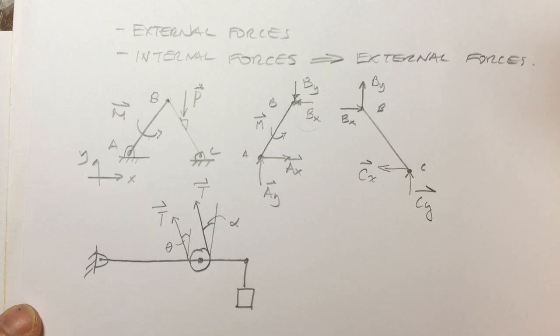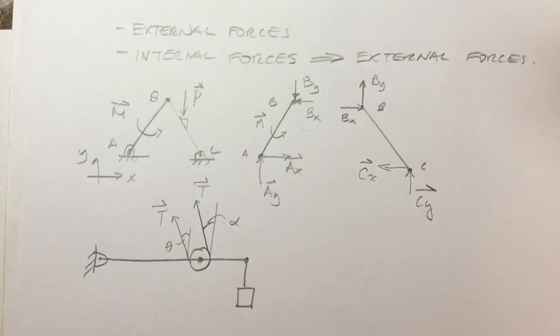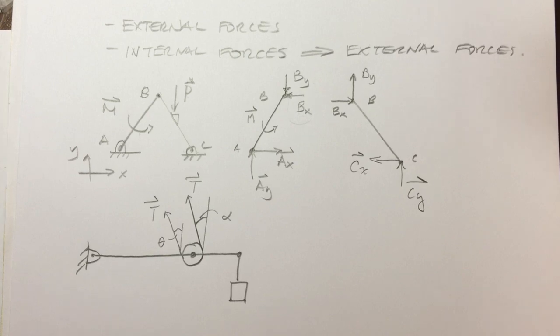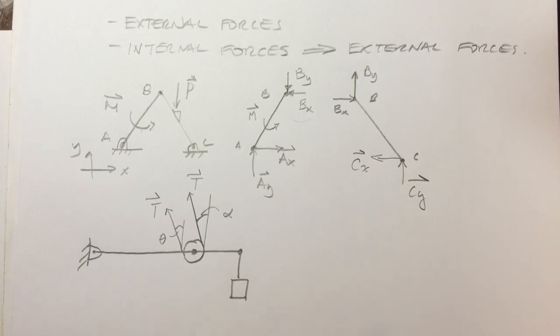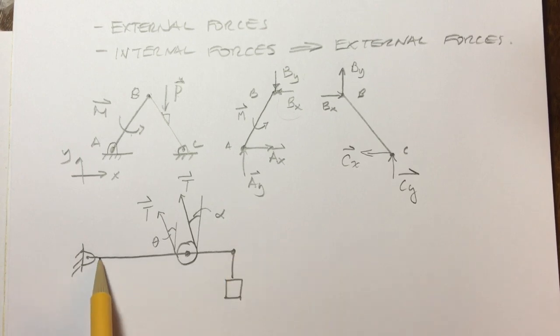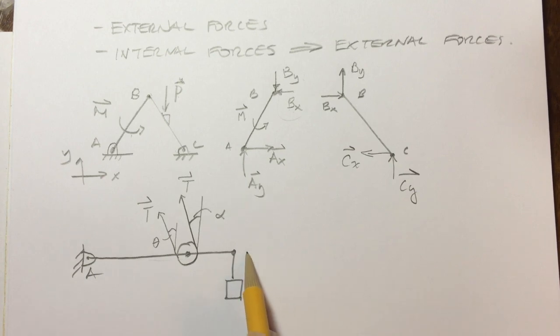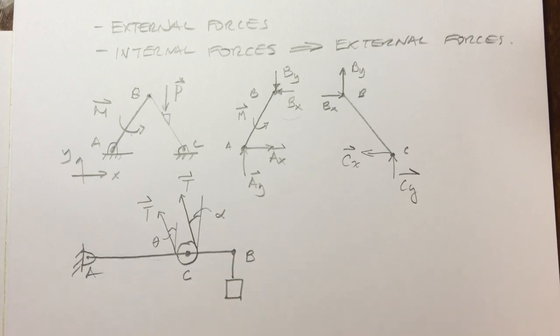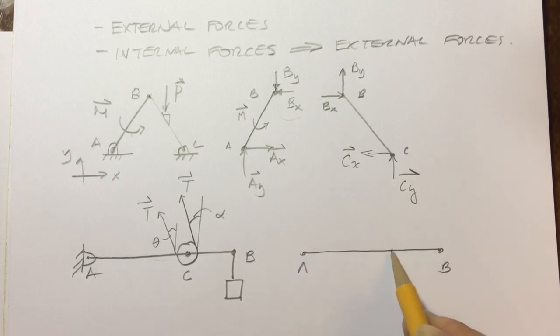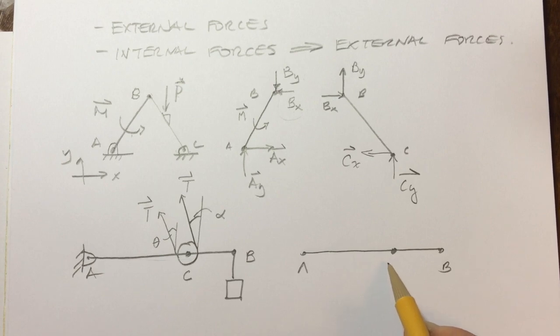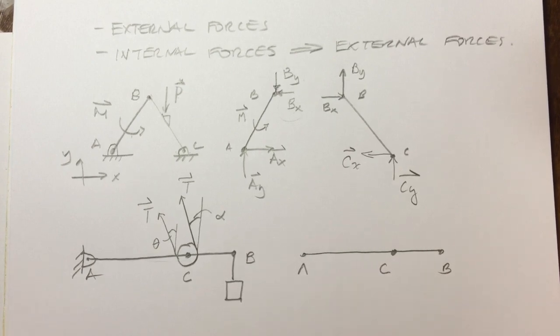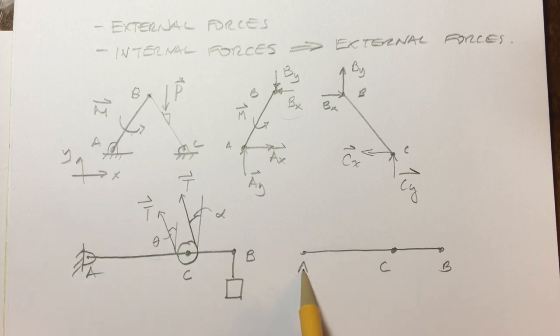So there's two free body diagrams that we can draw for this particular frame. So I can draw the free body diagram of this rod, A, B, and let's call this C. So here is A, B, and C. So at A, the pin assembly prevents the frame from translating in the X and Y directions.